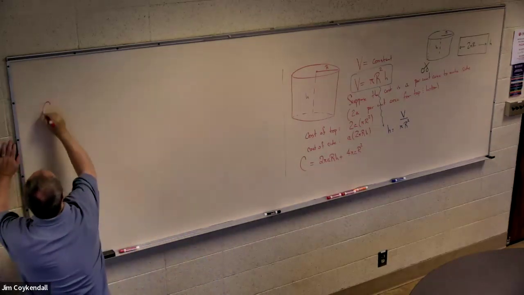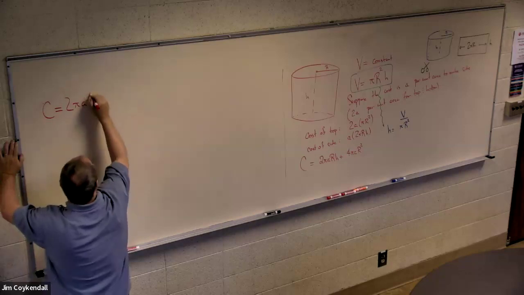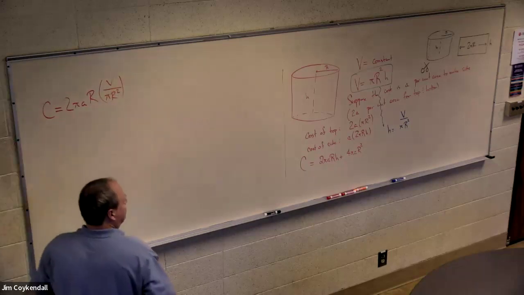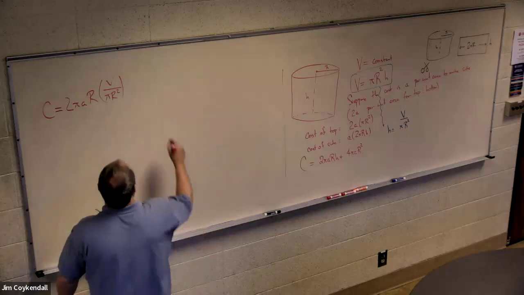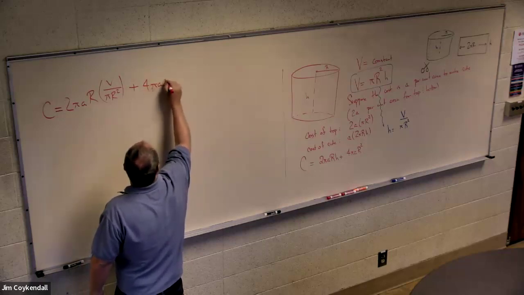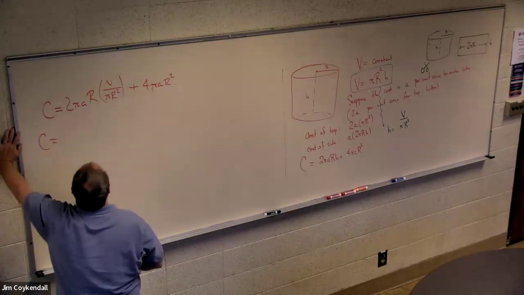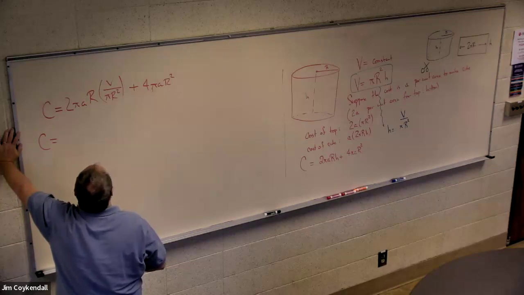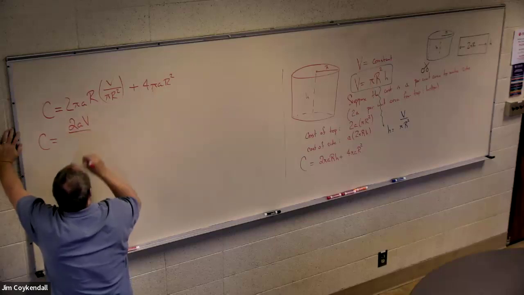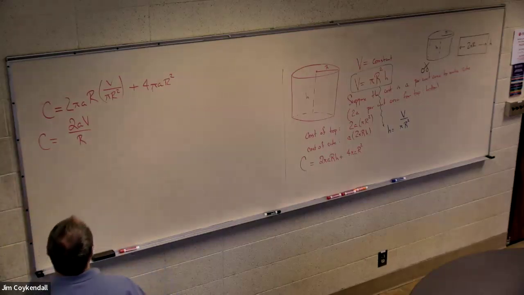So I get a new improved cost function. Let me clean this up just a smidge. This is going to be 4 pi A r squared plus 2AV over r.